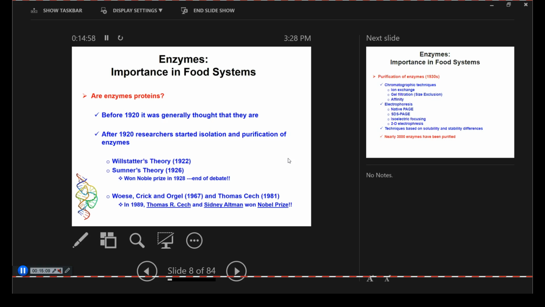Now, are all enzymes proteins? What about ribozymes? They are RNA molecules.